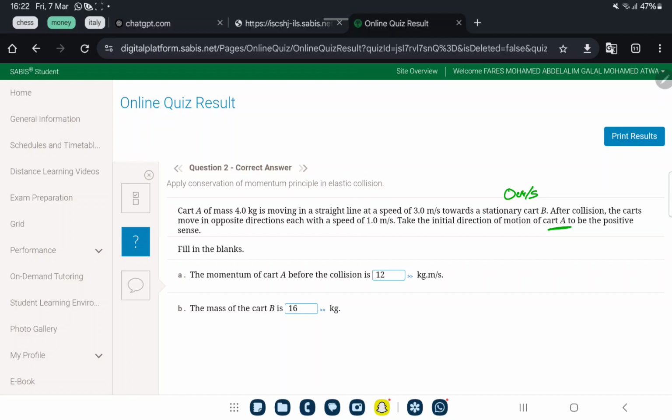First part, they're asking for the momentum of cart A. So momentum P is mv. M is 4 and V is 3. So it's 12.